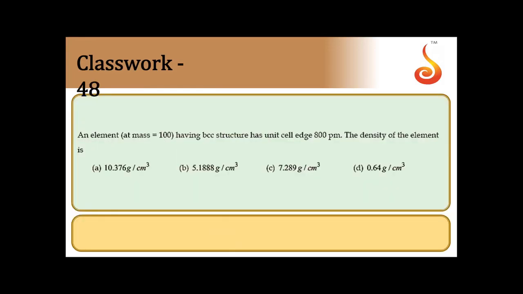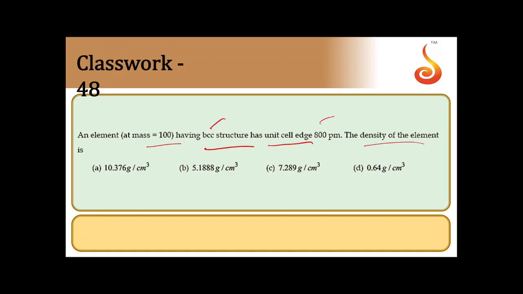Next, 48th one. An element of atomic mass 100 having BCC structure has a unit cell edge of 800 pm. Density of the element is? They are given edge length as 800, atomic mass as 100, and structure is BCC.